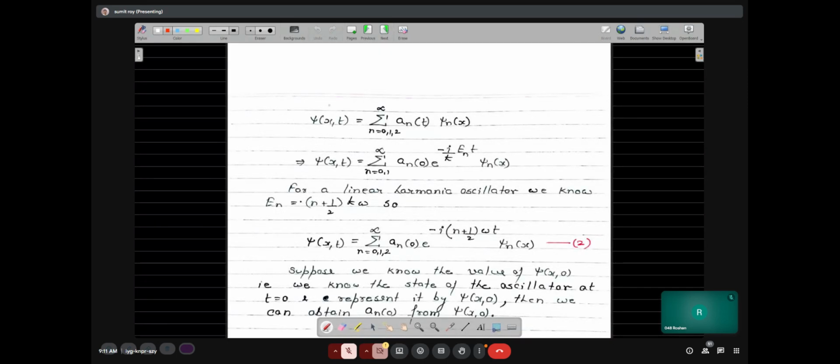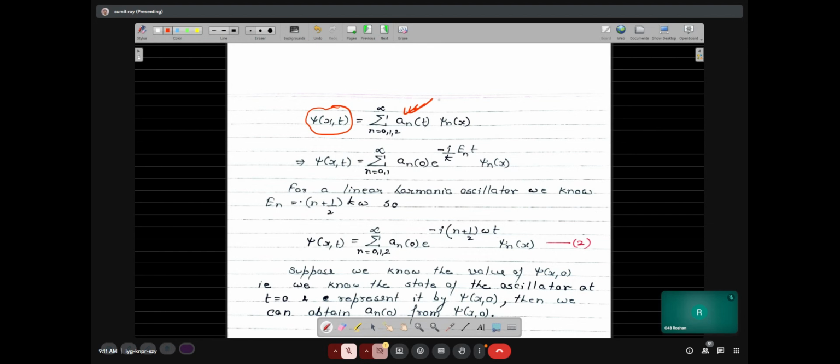Next, if this is any state of the harmonic oscillator, then we know that we can expand this state as a linear combination of the basis states. So this set of psi n is the set of basis states, and these are the coefficients of expansion.